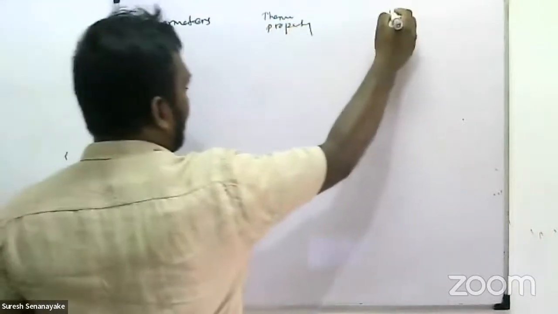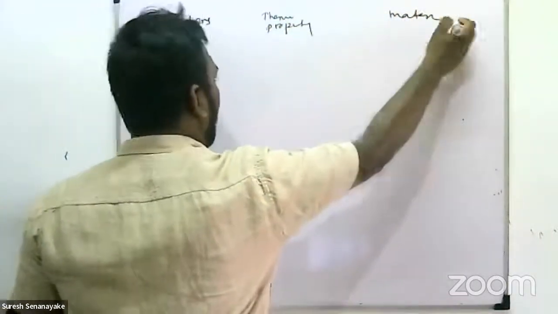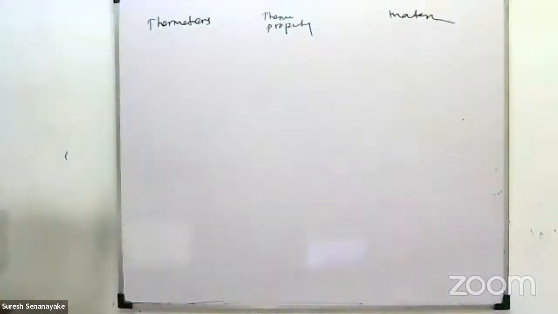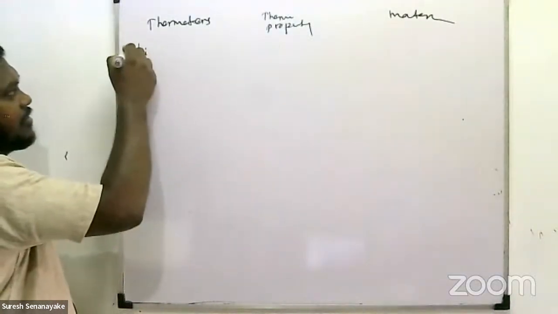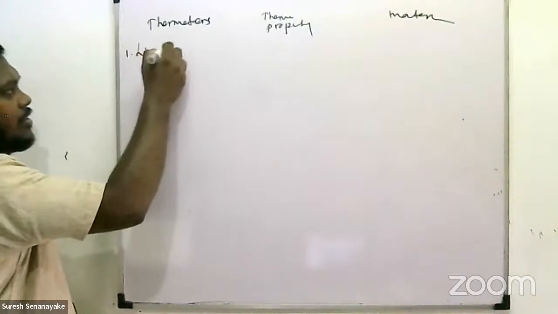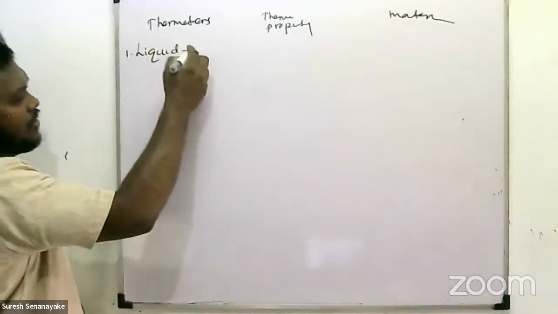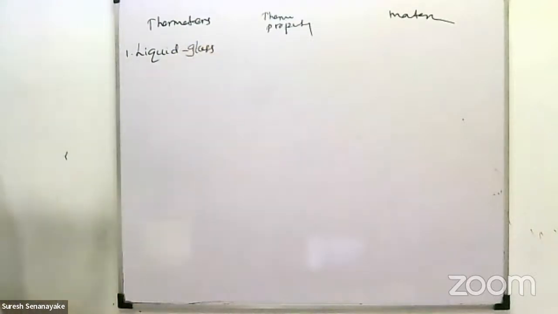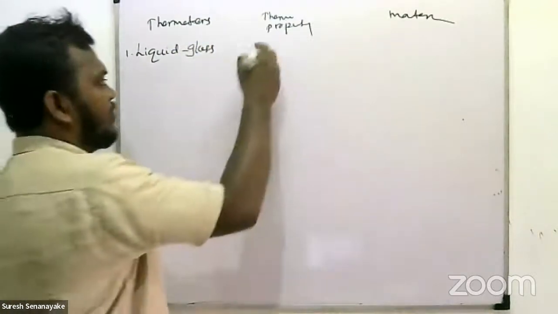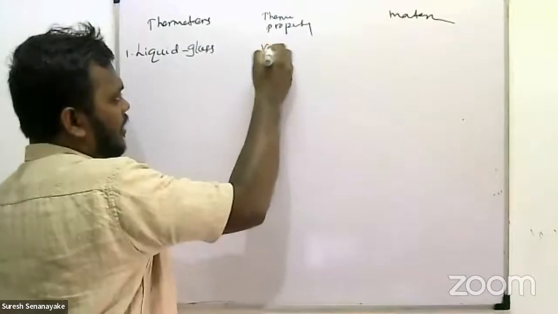And then material. What other materials can we use? Let's consider. First you have the liquid glass thermometers. Its thermometric property is the volume of the liquid, right?